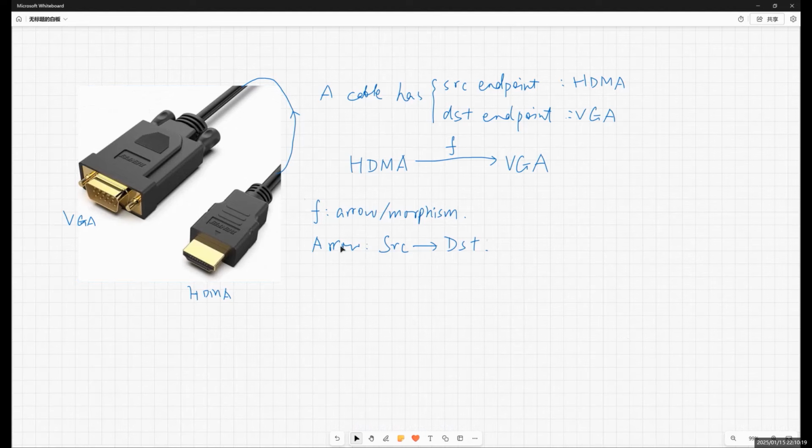And we can also have other kinds of cables, like from DP to VGA, DP to HDMI, DVI to DP, etc.